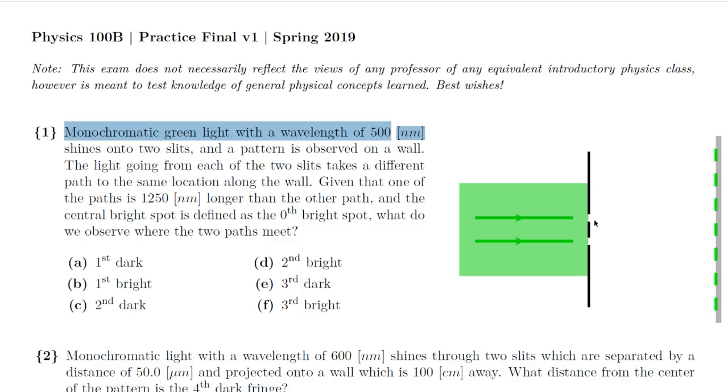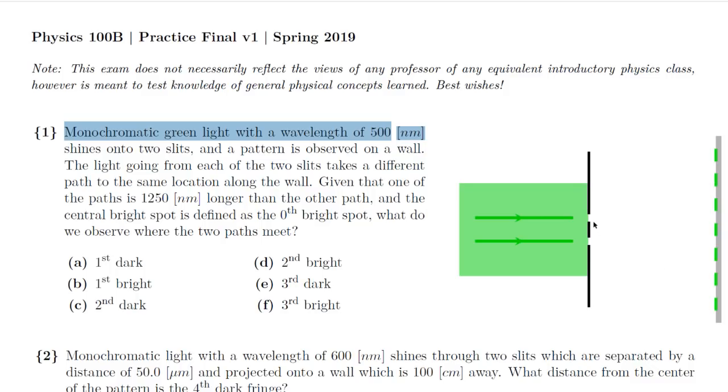However, we're interested in the light that takes one path from one of the slits, let's say from this slit here, the top, to some spot, perhaps a bright spot, maybe a dark spot, we don't know, but it goes to a particular spot on the wall. And the light from the other slit reaches the same exact spot of interest.